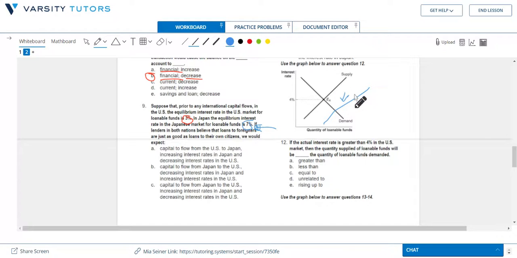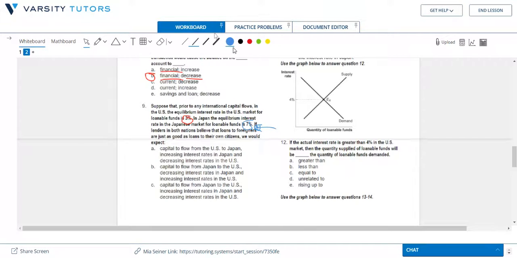And on the other side, because we're turning American dollars into yen, there's a decrease in the supply of US dollars, so that would raise interest rates in the United States.